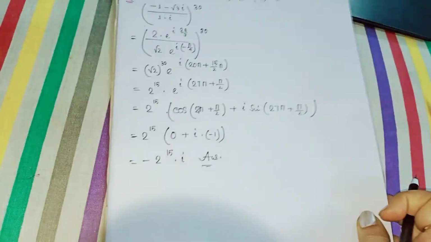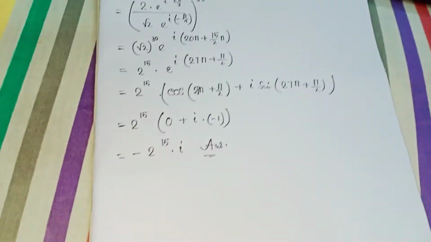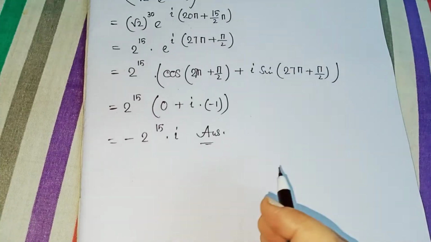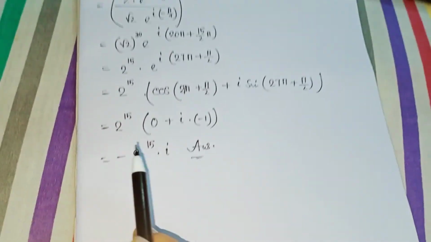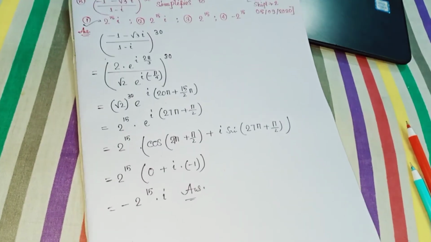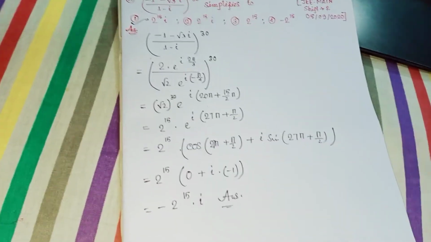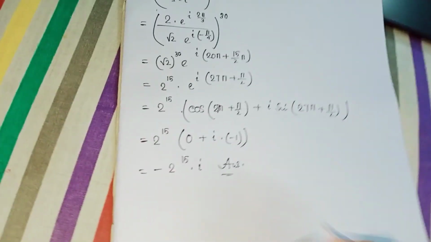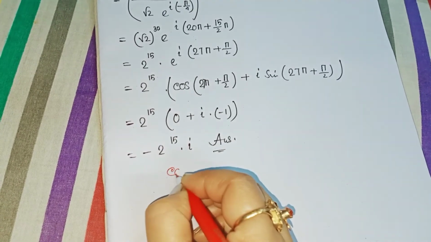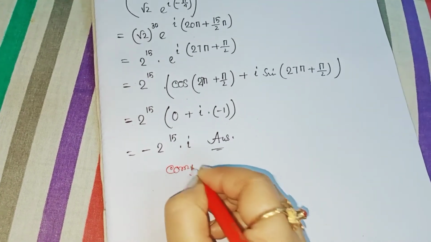Now I just explain to you about complex numbers. This is a mighty important chapter of JEE Main. Complex number is one of the most important chapters for JEE Main.